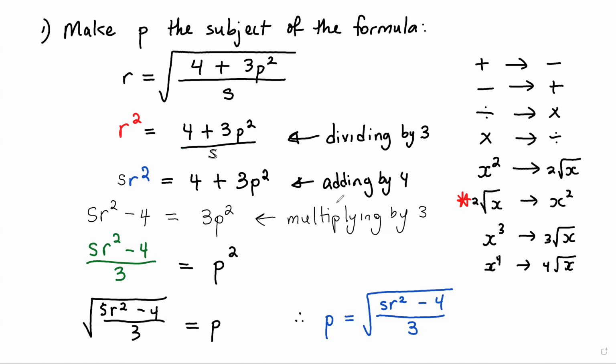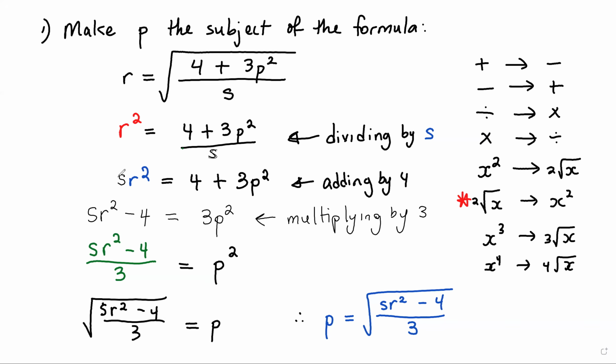Next, here was divided by S. So to get rid of division, or to move S from the right-hand side to the left-hand side, we would multiply, because it's being divided on the right-hand side. So when you move a term that is being divided from the right-hand side to the left-hand side, it will become multiplication, since multiplication is the opposite of division.